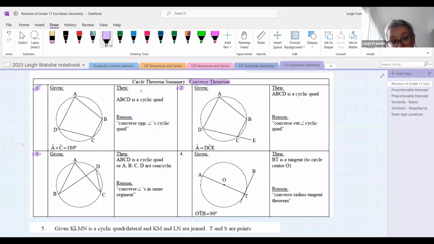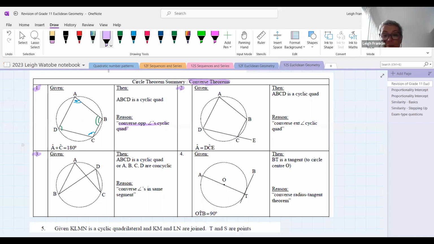If I can prove that angle A plus angle C equals 180, or if I can prove that angle D plus angle B equals 180, then I've proved that this quad is a cyclic quad. By doing that, I would use the reason converse opposite angles of a cyclic quad.